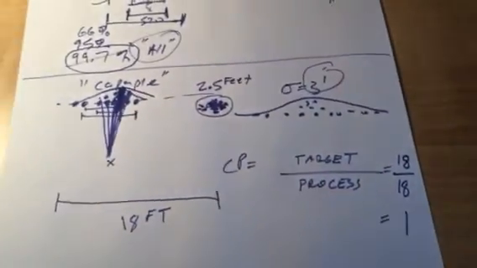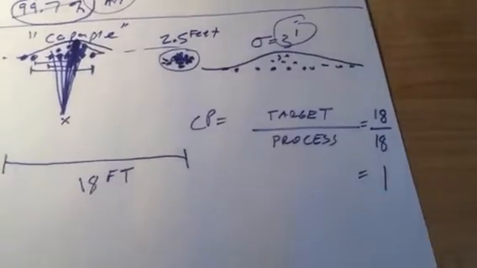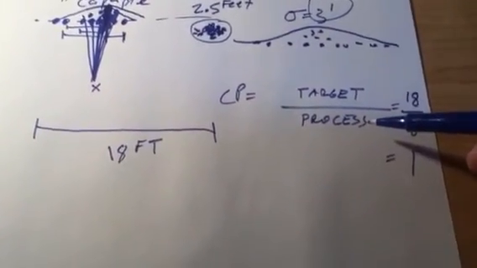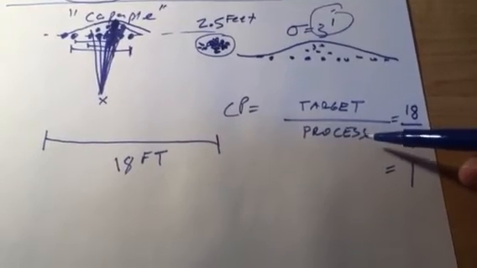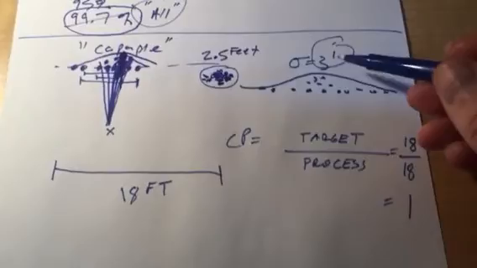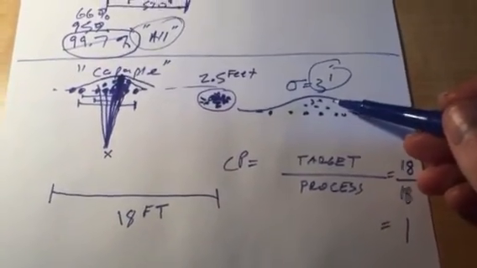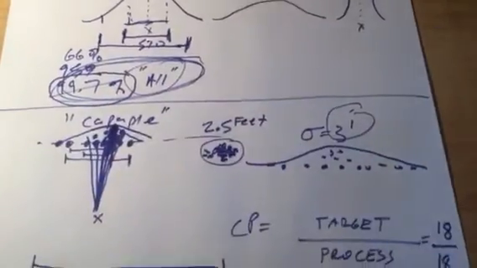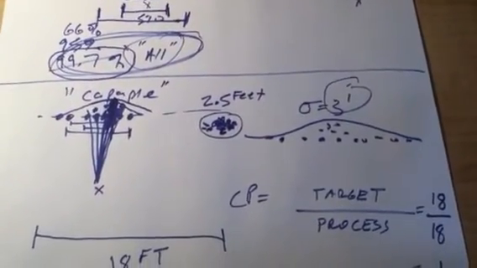What does that mean? Think about that. That means that the target and the process are the same width. What do I mean when I say the process is the same width as the target? Well, I mean 3 standard deviations of the process on each side. And why is that important? Because remember, basically all our output is going to fall within 3 standard deviations.